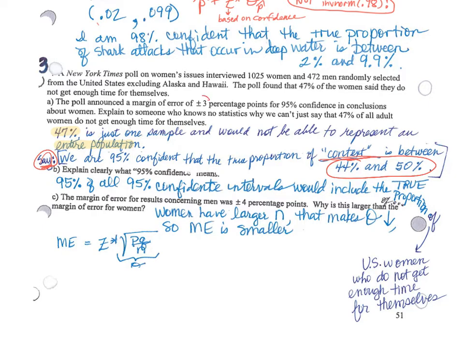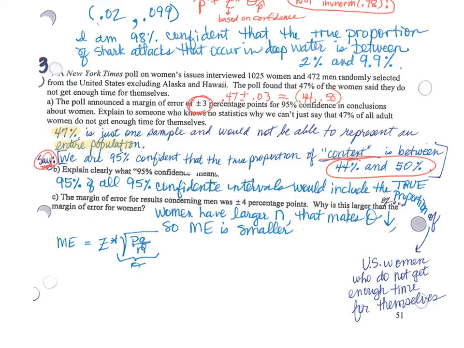Good. I did 47% plus and minus 0.03. That's what gave me the interval from 44% to 50%. Okay, so that was my estimate.